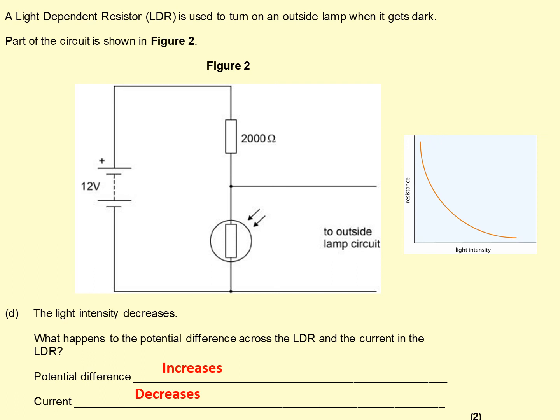Now, if resistance across a component is higher, that means more voltage will be recorded across the component. So therefore, the resistance increases. Now that relationship is just something you need to be aware of, that the higher the resistance across a component, the higher the potential difference will be across it as well.